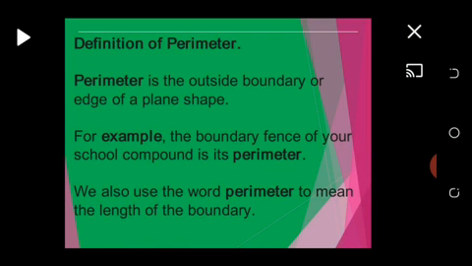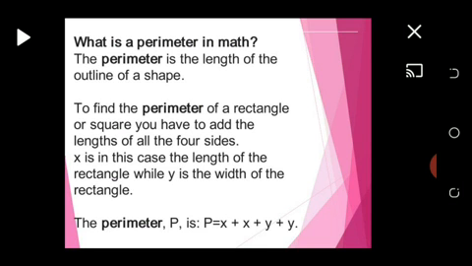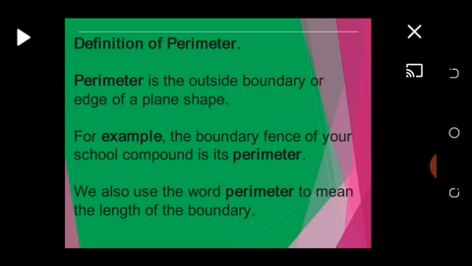The fence you have around your school is what is known as what? The parameter. Now, we also use the word parameter to mean the length of what? Boundary. The length of boundaries. That's what parameter is all about. We say parameter is the outside boundary or the edge of a plane shape.